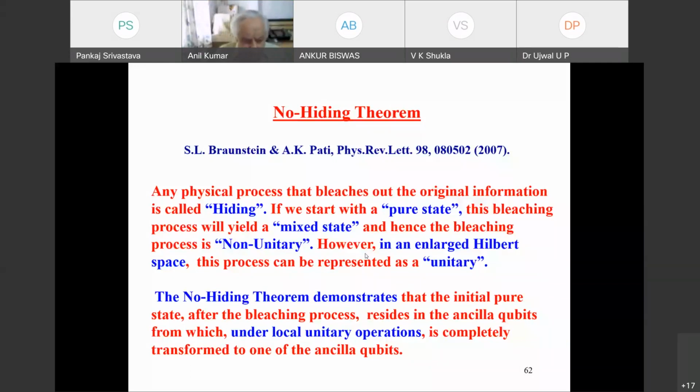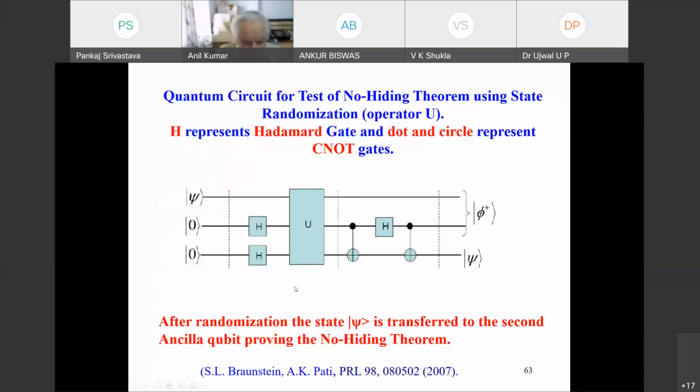This is the theoretical circuit, with the Hadamard gates, a U operation, and controlled-NOT operations. You see the gates here, and in the initial state there is no operation on this side. But here you have to do an operation on this side. After randomization, the state is transferred to the second ancilla qubit.